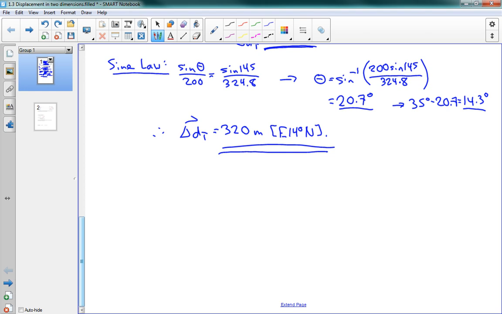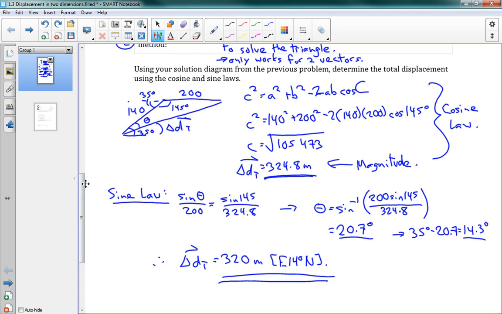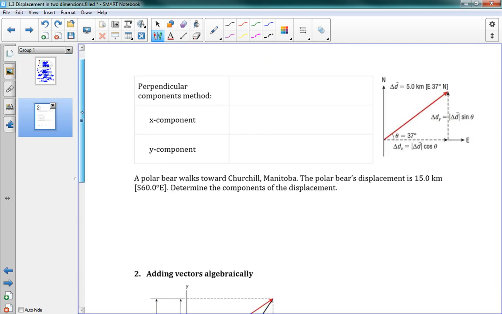And you can see that this is maybe not the best solution either, the best method, because there was a lot of difficulty, especially with this angle at the bottom here, figuring out what that is. So we're going to look finally at decomposition, or using perpendicular components, and this is, in my opinion, by far the best method.